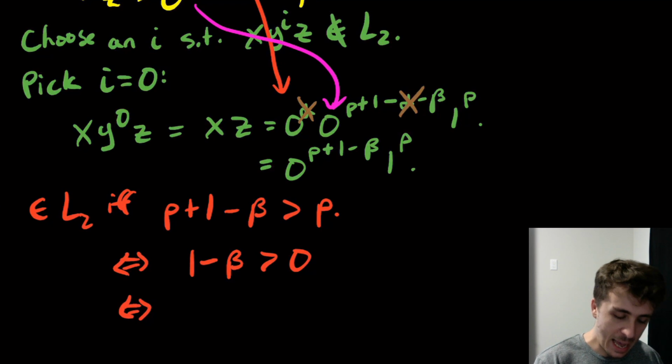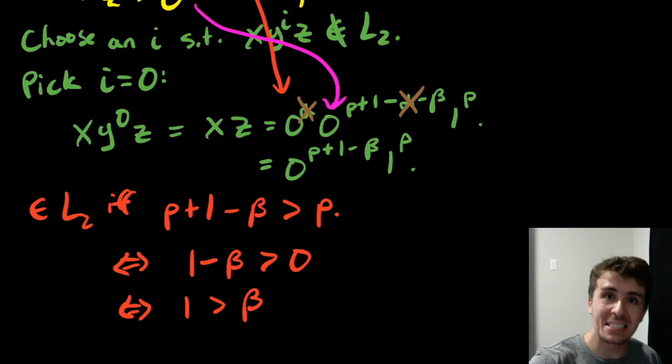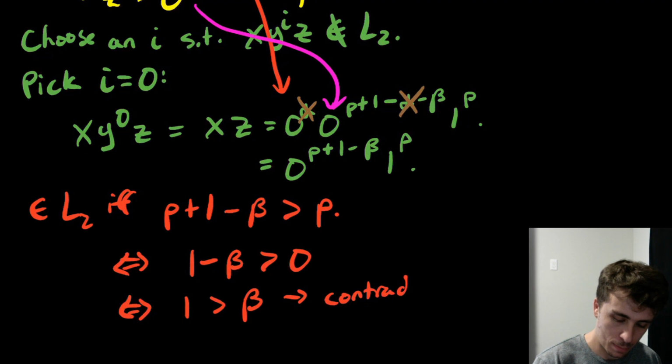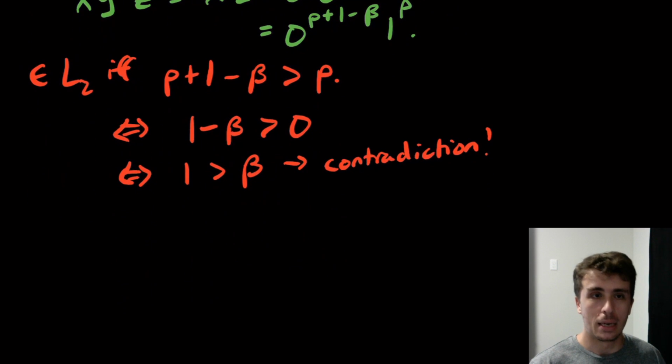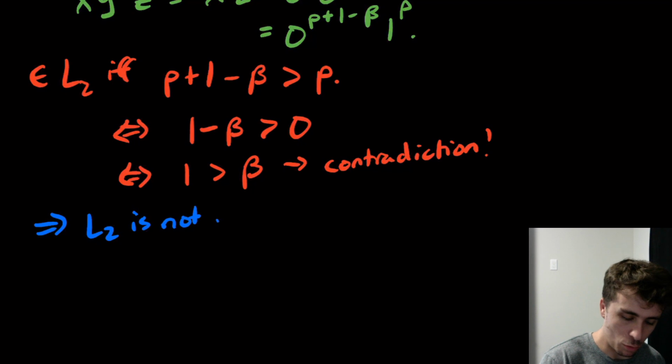And if I add beta on both sides, I get 1 strictly bigger than beta. But that's a contradiction, because beta is at least 1. This is saying that beta is strictly less than 1. So this is a contradiction. And so therefore, what we can conclude is that L2 is not regular.